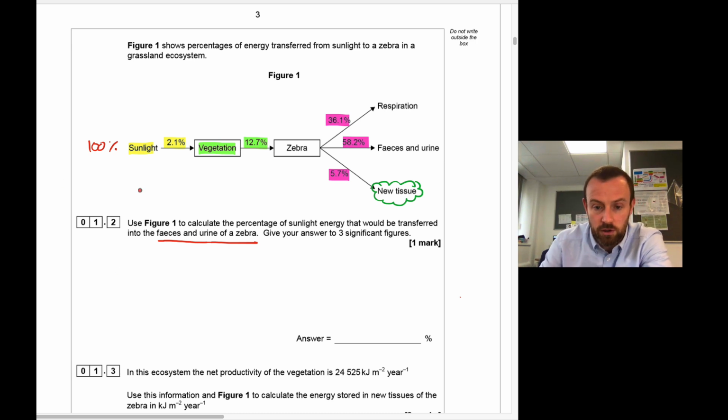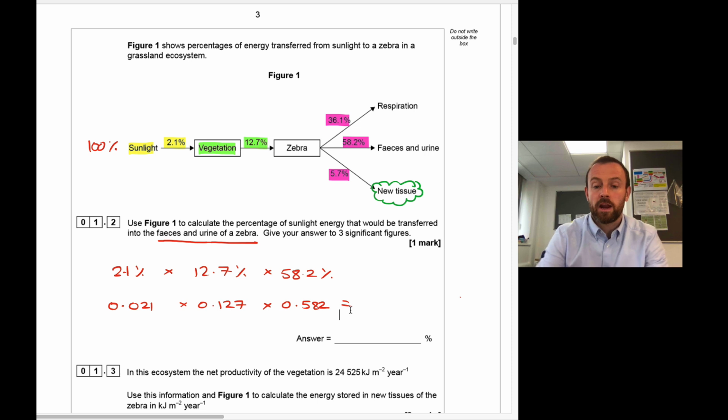For 100% of the sunlight, 2.1% into the vegetation, so we want to do 2.1% times 12.7% times 58.2%. Now we're going to work in decimals, so that would be 0.021 times 0.127 times 0.582. Let's work that out.